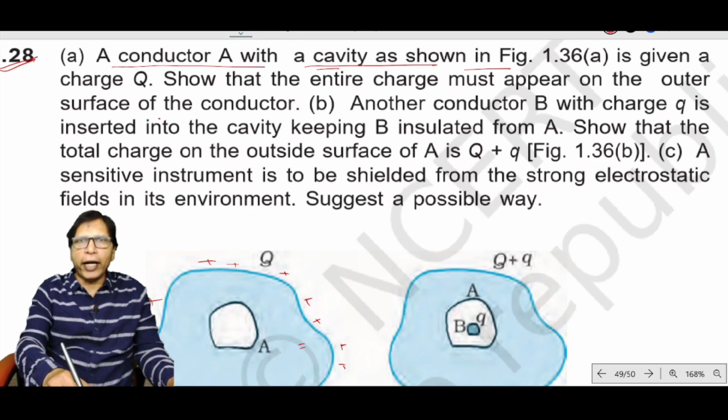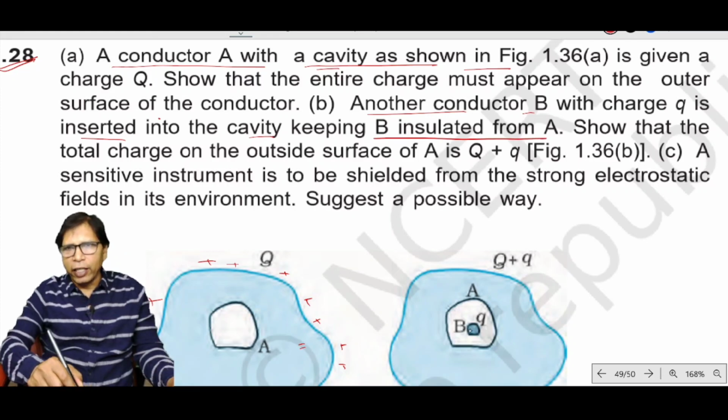Now look at this, B. Another conductor B with a charge q is inserted into the cavity, keeping B insulated from A. Here, a positive charge q is inserted within the cavity. So due to electrostatic induction, negative charge is induced, and the inner surface of the cavity gets charge minus q.